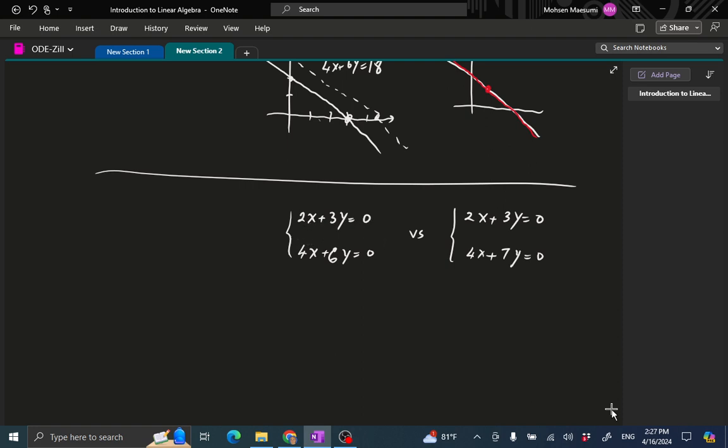How many solutions do each of these equations have? What are the possible solutions? One solution that strikes us from the outset for both of them is that x equal to 0, y equal to 0 is a solution.